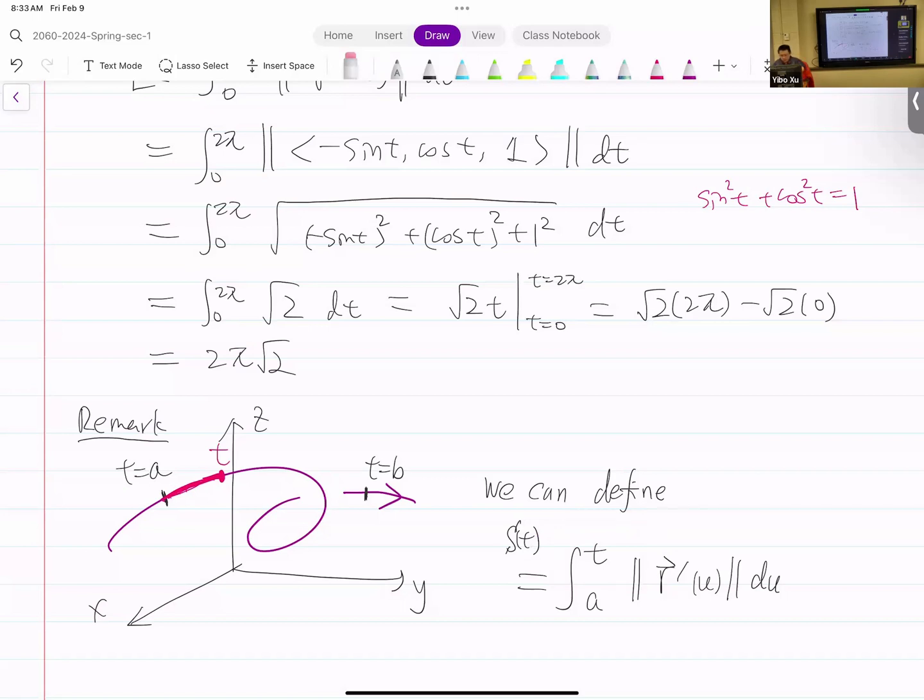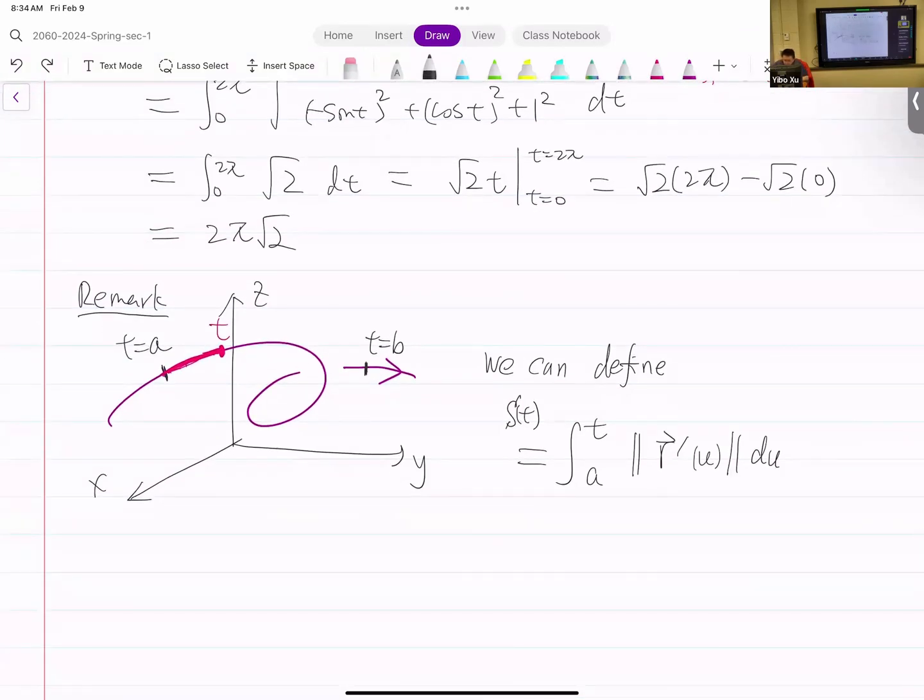Right? So now basically this just says, okay, if my t is right here, then I'm just calculating the arc length along the entire space curve segment, right? But if my t is somewhere in between, say right here, I'm just calculating the arc length for this piece, right?